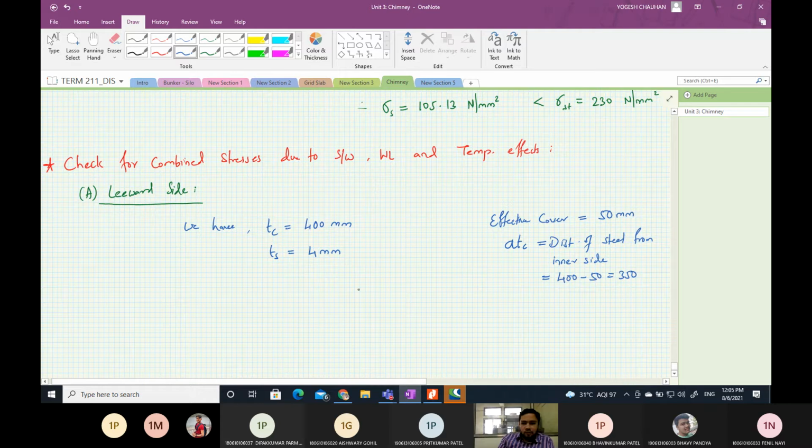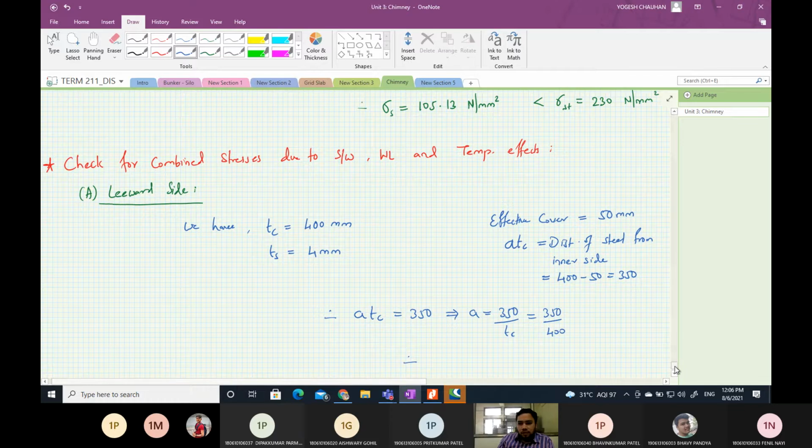So from this you can find A. Therefore A times Tc is equal to 350, implies A is equal to 350 by Tc, and Tc is 400.